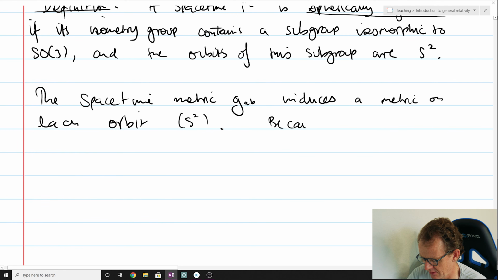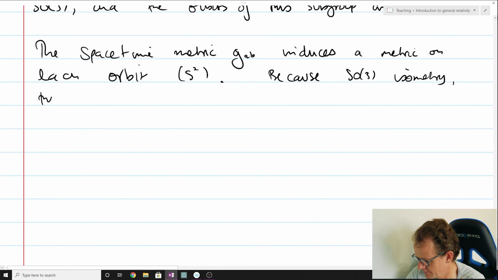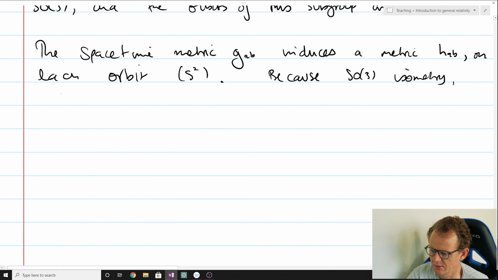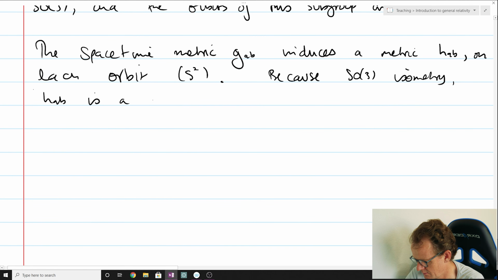And because of the SO3 symmetry, because of this rotation invariance, because of these isometries, this induced metric, we'll call it h_ab, because the full spacetime metric is invariant under these rotations, we must have that the induced metric is a multiple of the metric of a two-sphere.